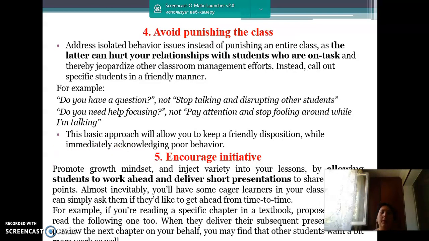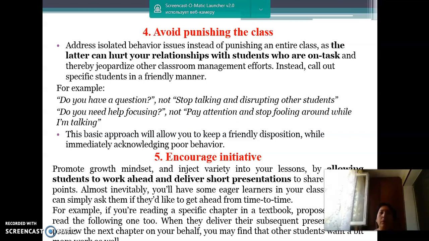The next strategy, avoid punishing the class. Address isolated behavior issues instead of punishing an entire class. The latter can hurt your relationships with students who are on task and thereby jeopardize other classroom management efforts. Instead, call out specific students in a friendly manner.